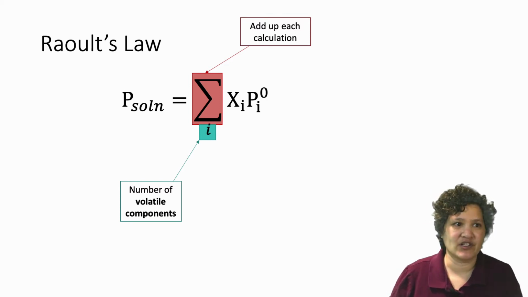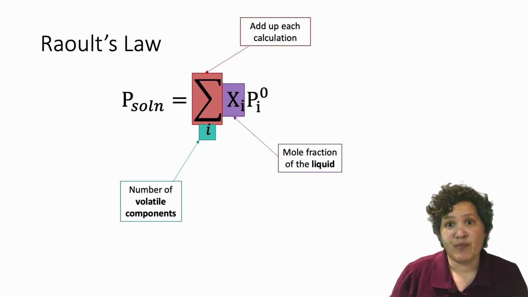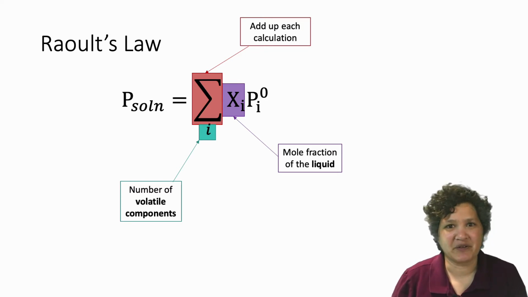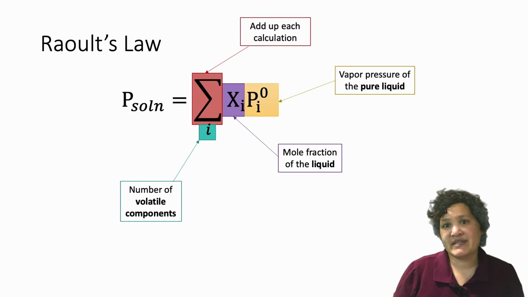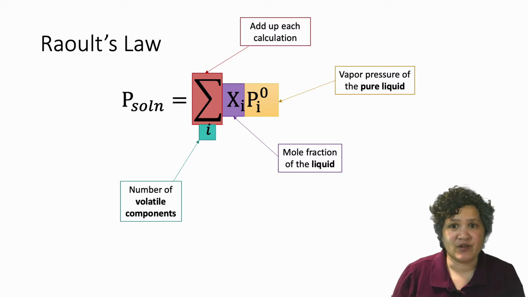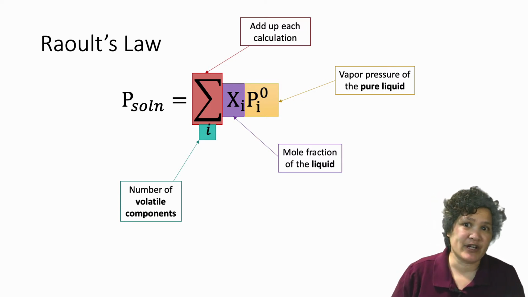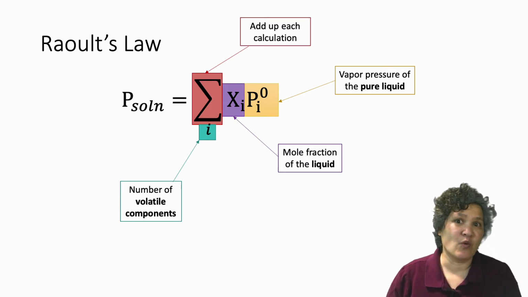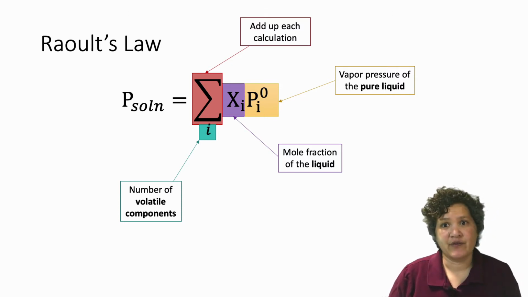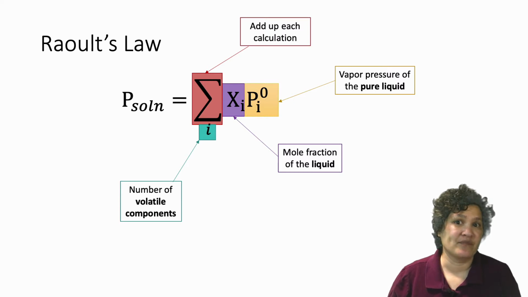What is that calculation in the first place? Well, we're basically multiplying two things together. The first thing is the mole fraction of whatever that volatile component is. I put liquid here. It's usually a liquid, so we're just going to assume that. The second thing that goes in here is the vapor pressure of the pure liquid. So that is the vapor pressure if you took that one volatile component and you had it all by itself, what would its vapor pressure be?